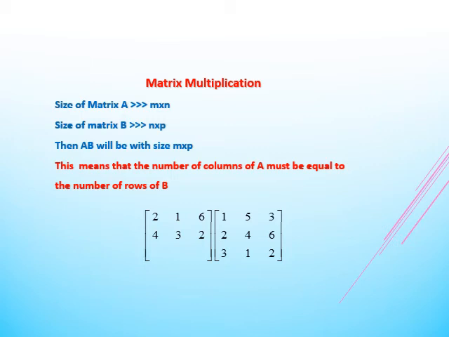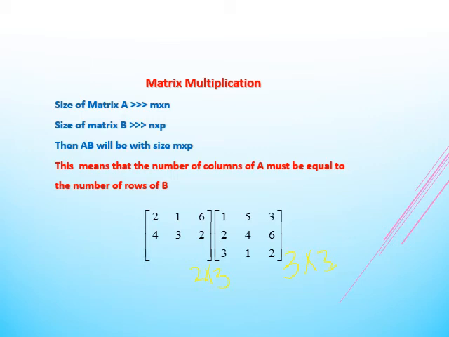For example, this matrix is 2 by 3 because it has 2 rows and 3 columns, and this matrix is 3 by 3. These two matrices can't be added because the number of rows and columns are different, or the size at all is different between matrix A and matrix B. But these two matrices can be multiplied.